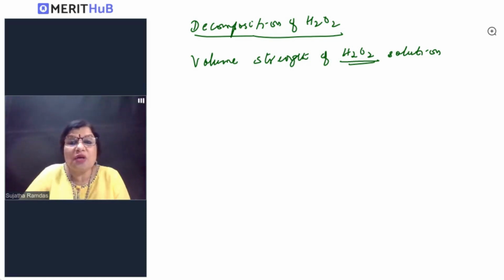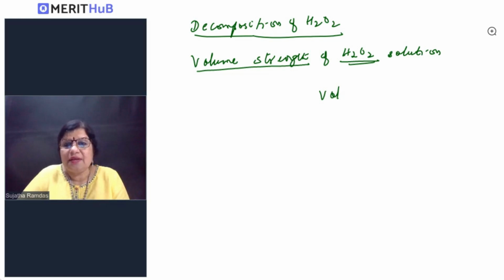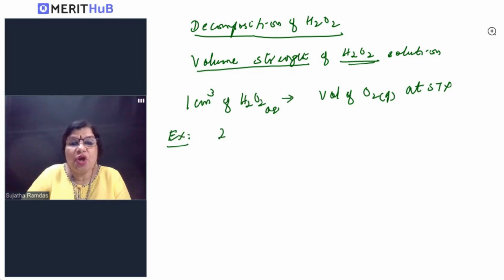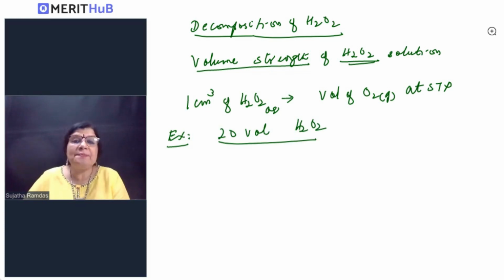So let's focus on the volume strength. According to volume strength, it is the volume of oxygen gas produced at STP by 1 cubic centimeter of hydrogen peroxide solution. For example, if the concentration of hydrogen peroxide is 20 volume hydrogen peroxide, what do we mean by this?